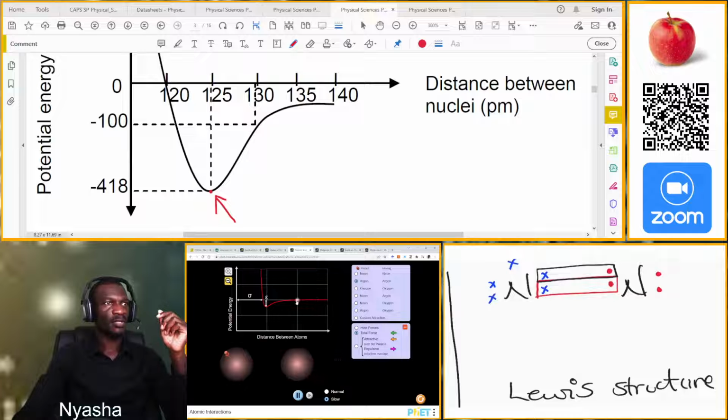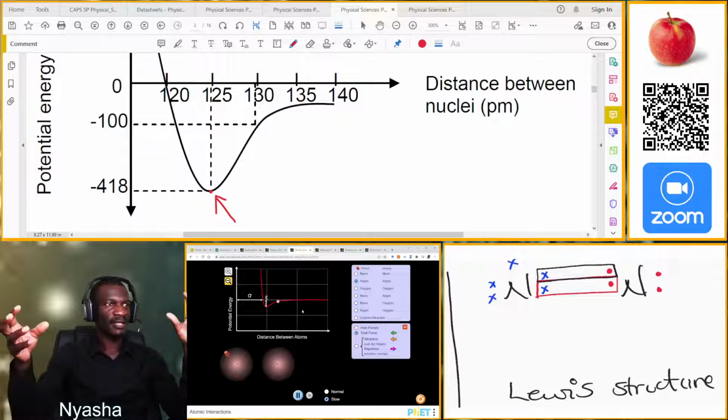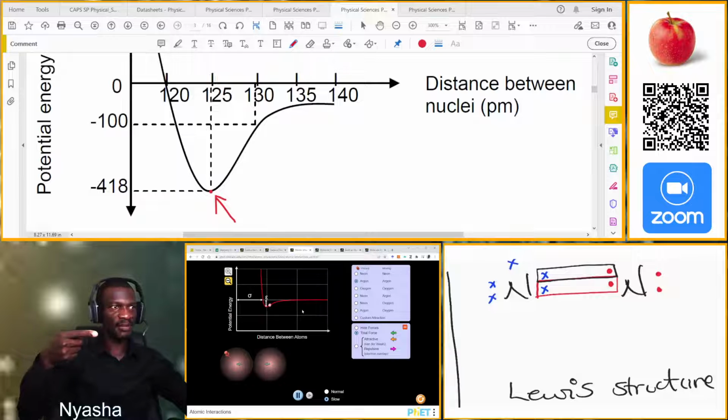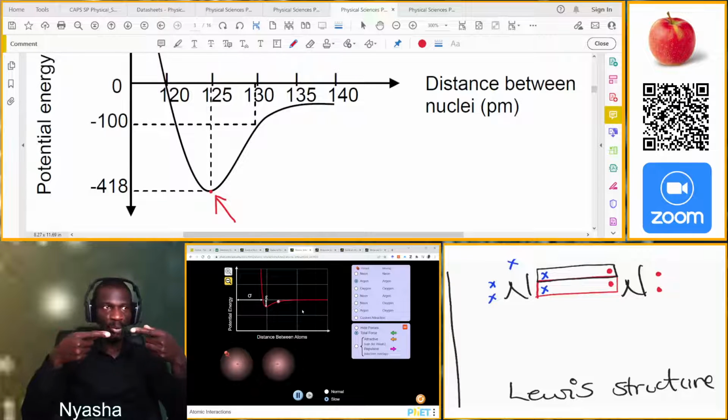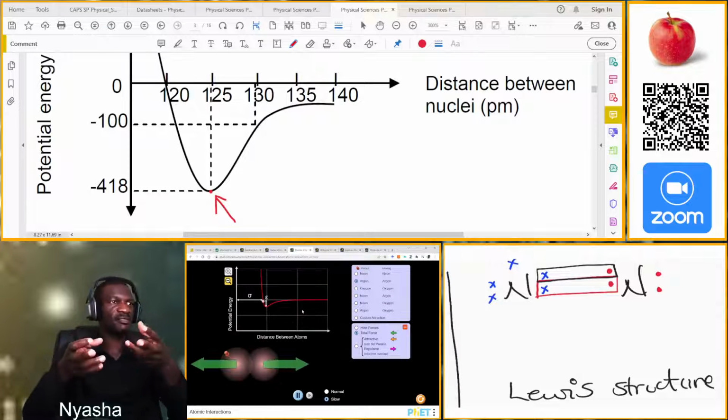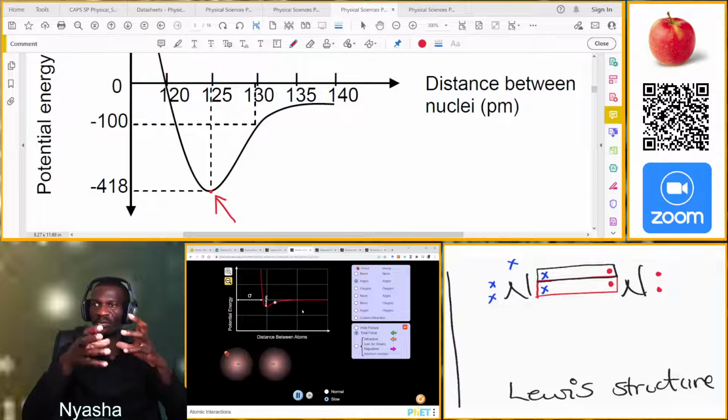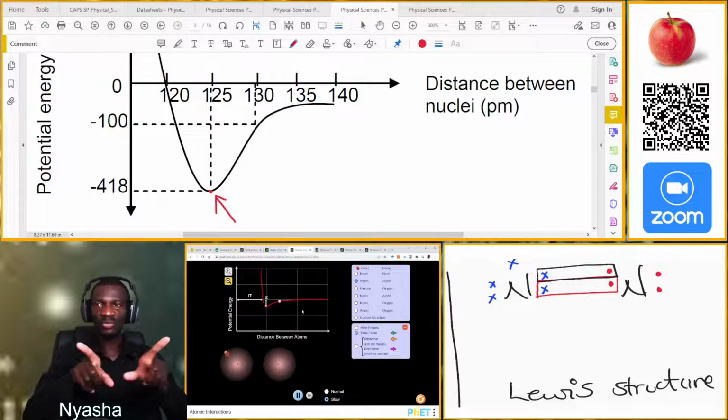As they are brought close to each other, let's just have that move in, right? They are getting close to each other. Can you see that there's some attraction? A point is reached when the positively charged nuclides begin to repel.